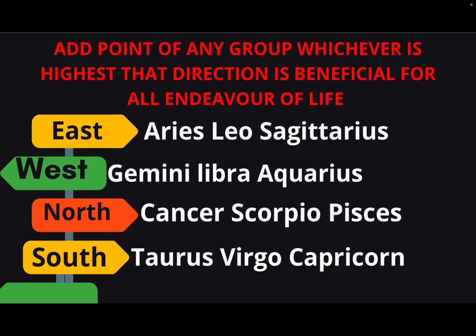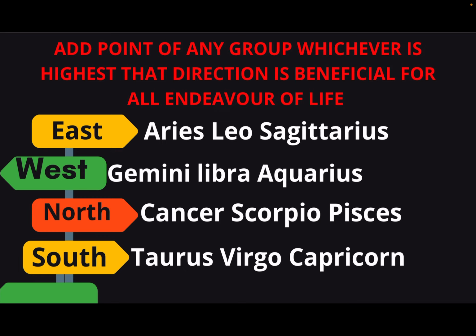If we have to relocate from our native place, which direction should be prosperous for us, which Rashi and its direction we can choose to activate the Raja Yogas, etc., can also be used in a much deeper sense from this simple technique. Now, I have written the directions related to each Rashi, and there is a group of 3 Rashis which is denoted by a single direction. You can look into it.